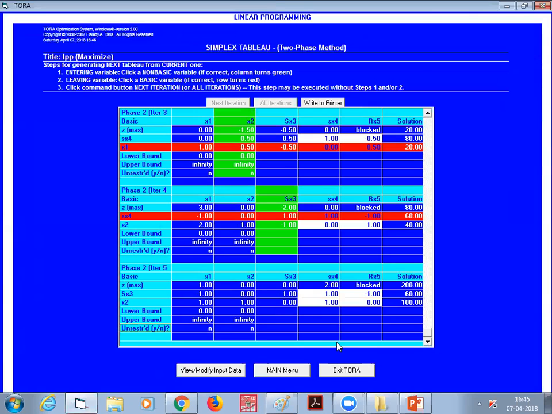And so x2 equals 100. They've called it sx3, whatever. So this is s1, s2. So s1 comes in. So we get the same things. The notation is slightly different, but the method is the same.